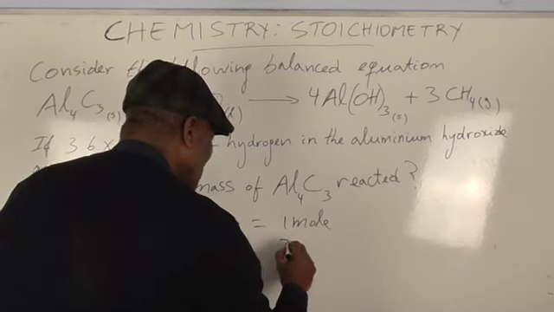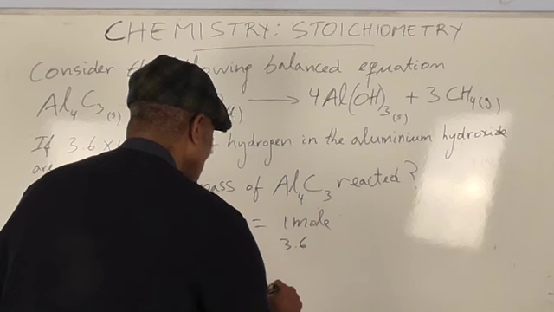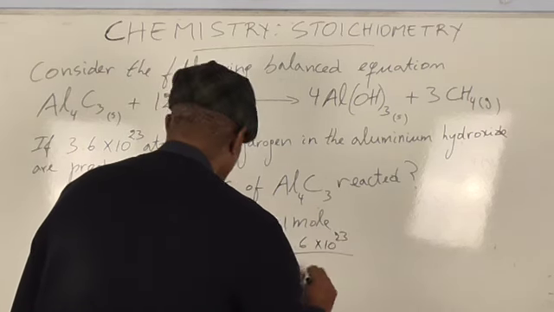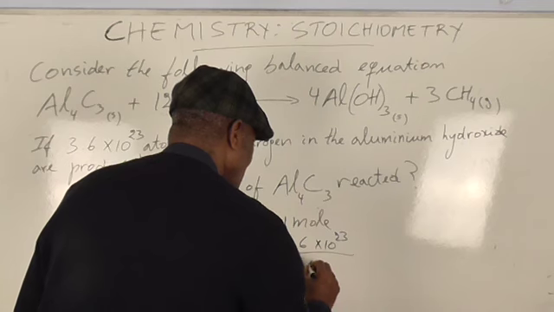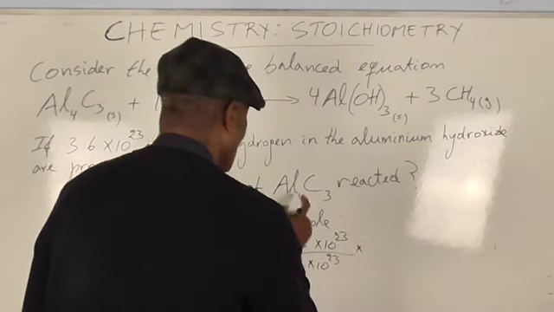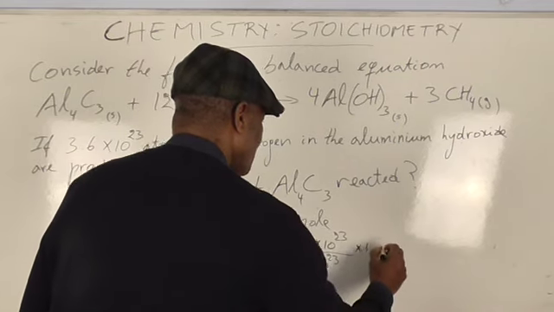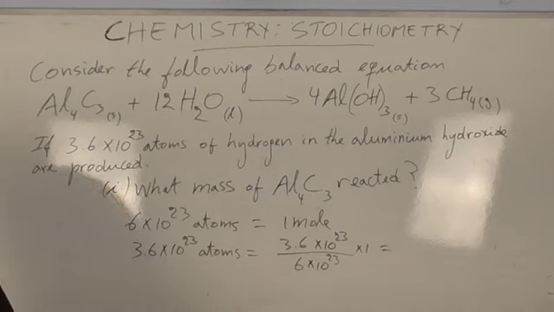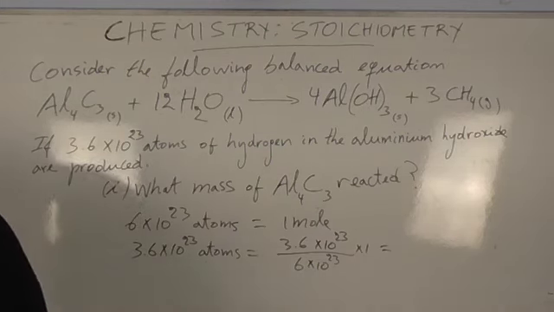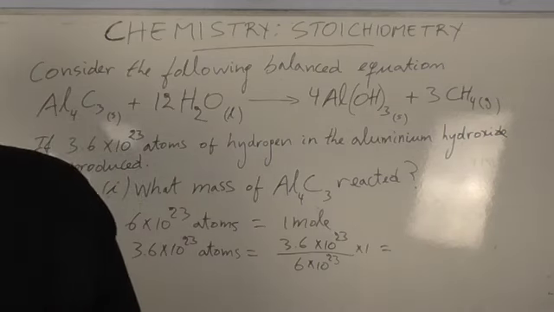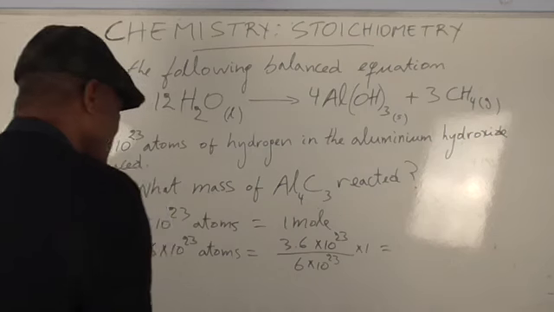So we do 3.6 multiplied by 10 to the power of 23 divided by 6 multiplied by 10 to the power 23 multiplied by 1 that we have there. And this, if we calculate this, let me get my calculator.